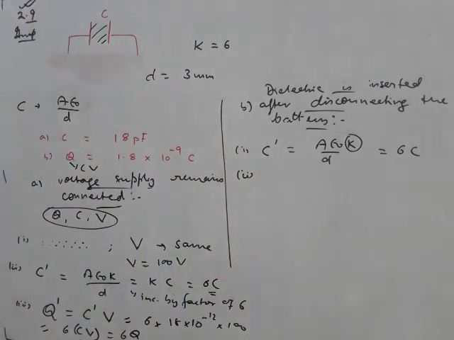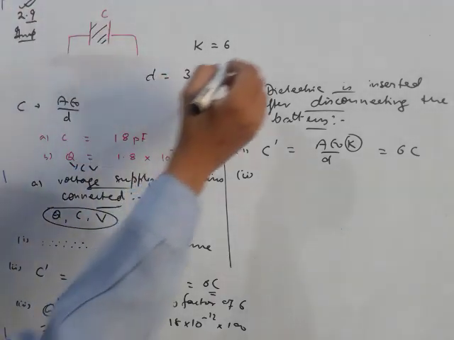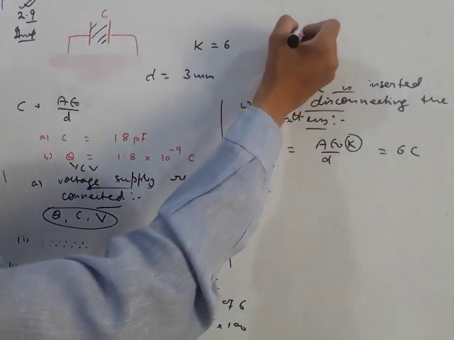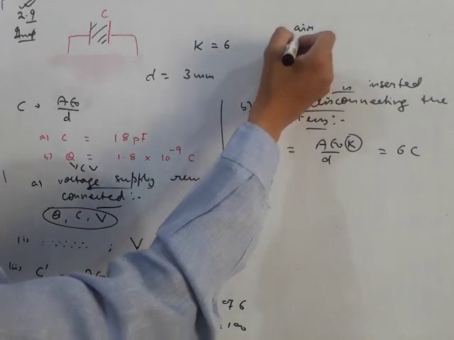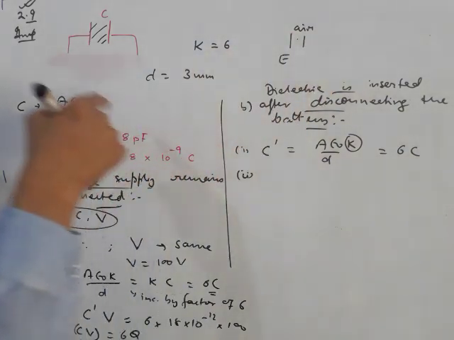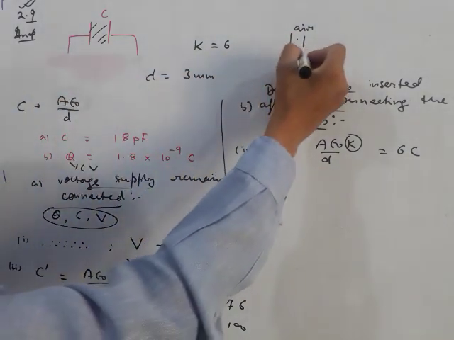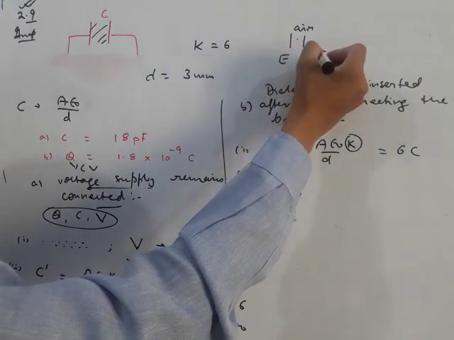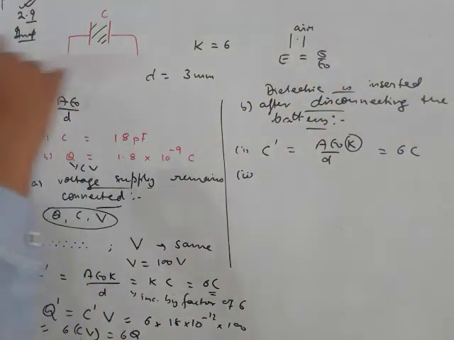Next, what would happen to Q and what would happen to V? So please listen very carefully, students. When there was air, the electric field between the plates of the capacitor, while deriving the capacitance of parallel plate capacitor, we had derived it. E was how much? Sigma by epsilon naught.